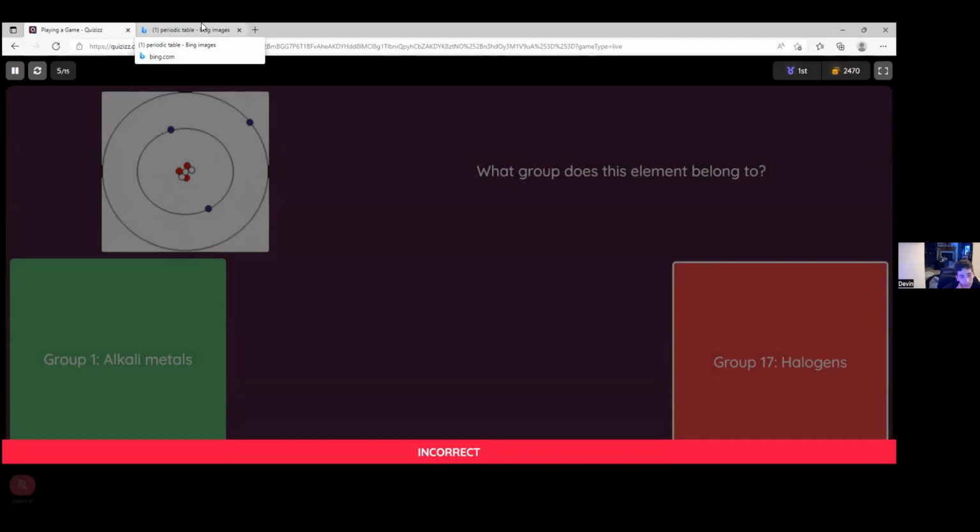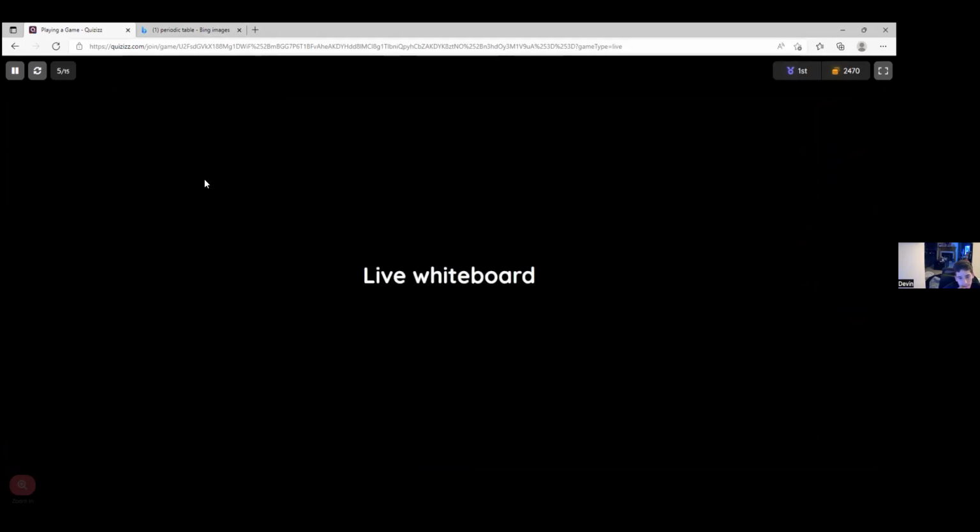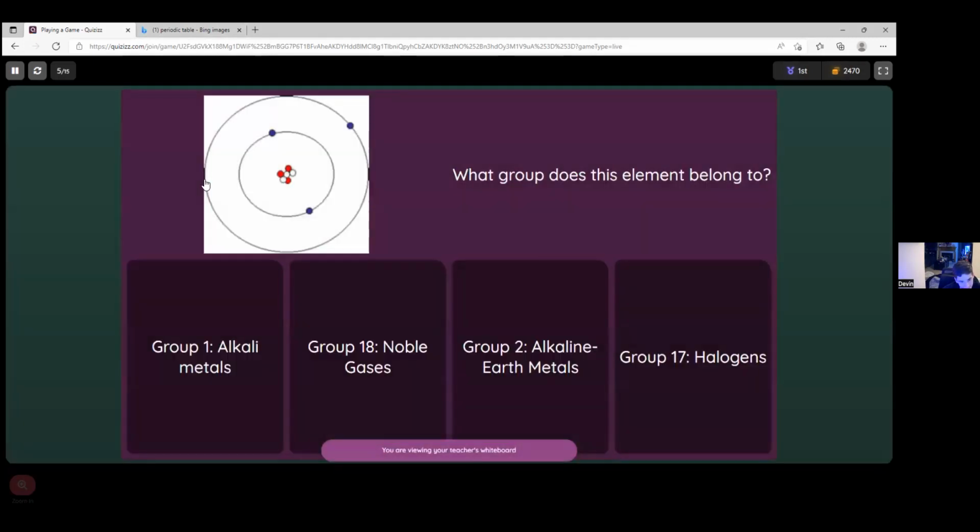Does it cancel one of these out? Not necessarily, but remember we talked about it in the periodic table. If there is 1 valence electron, this electron is likely going to want to be lost, right?